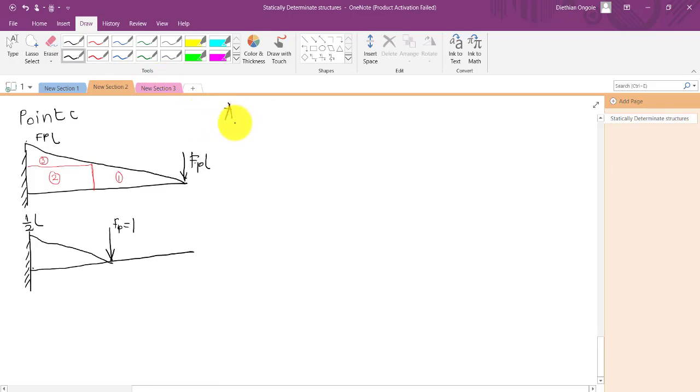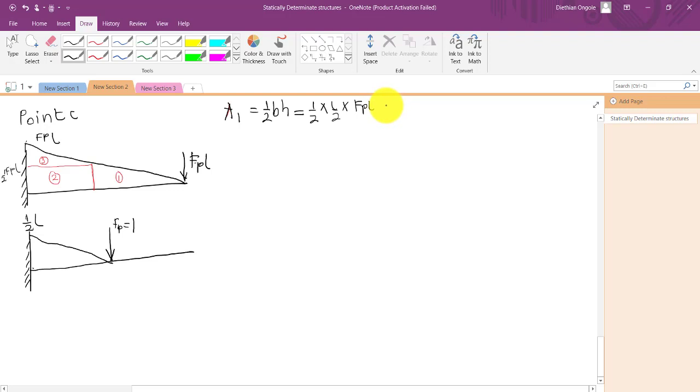Area A1 for the triangle would be given by a half BH here. From using the similar triangle approach, we find that the height of this triangle here would be a half FPL, as they take on the same ratios. So here our area would be equal to a half, then times our base, which is L over 2, then times FPL.